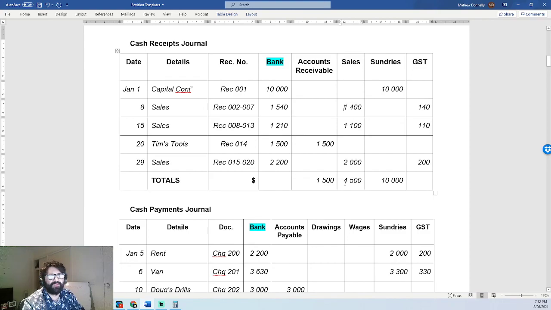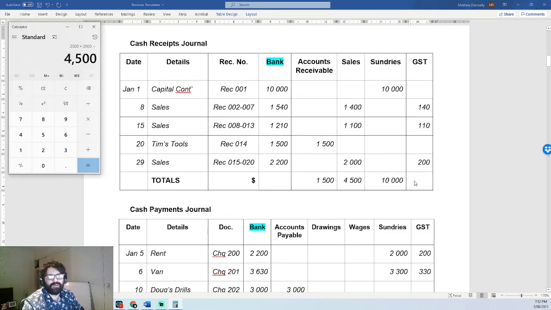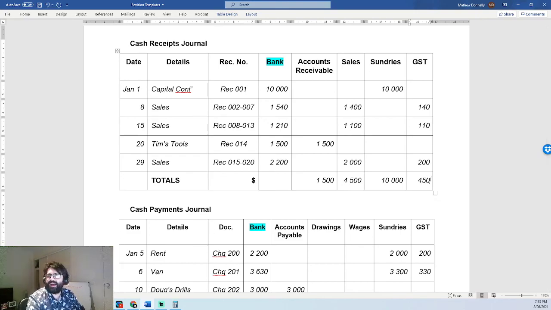So it would stand to logic that 10% of this would be this. But we'll just do it anyway, just in case. And we see, yep, hey, I've broken it, 140 plus 110 plus 200. There we go. Computers are hard.